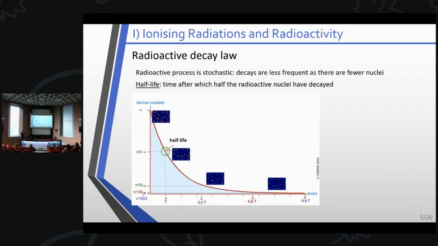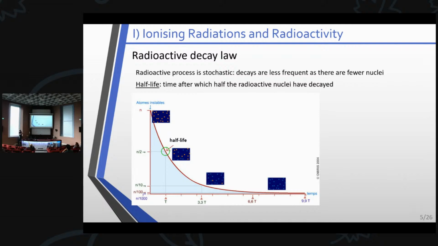Some stuff about radioactivity. Important to know is the half-life of the process. Because it's a decay, it's a statistical decay, a Poissonian distribution. So you can define the half-life as the time for a given number of nuclei to lose half of this quantity.